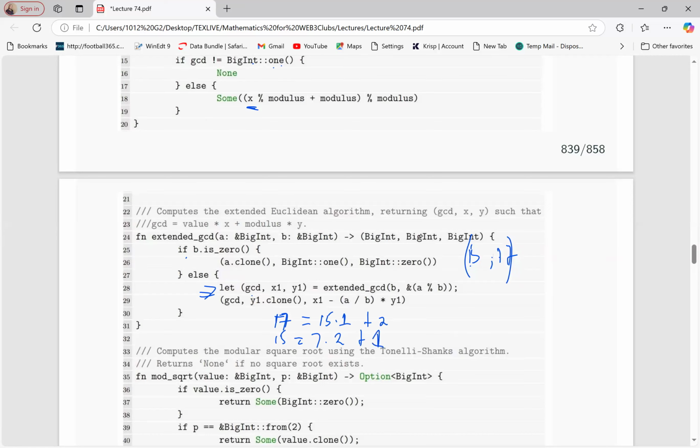Once you reach 1 as the remainder, you will now begin reversing as you solve for 1. So 1 becomes 15 minus 7 times 2. Now, at every point, we are replacing the remainder. 2 was the remainder, and then 1 was the remainder.